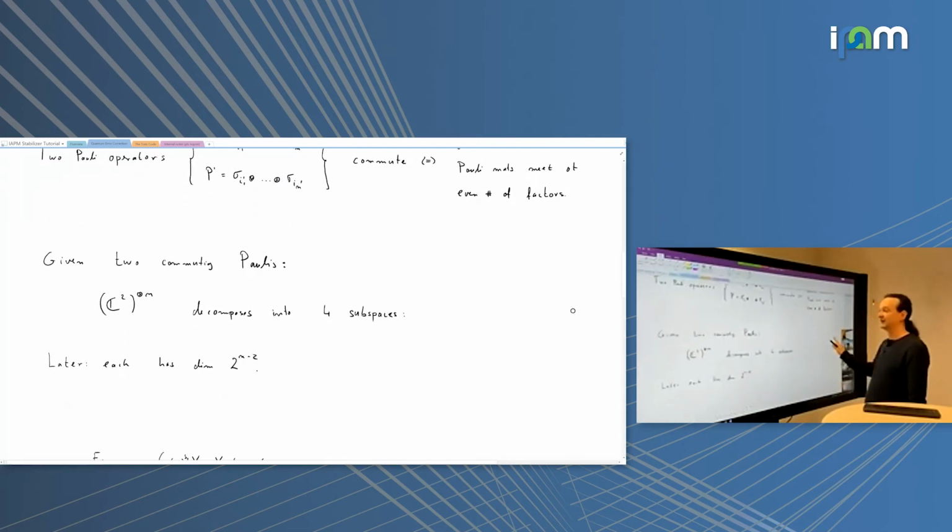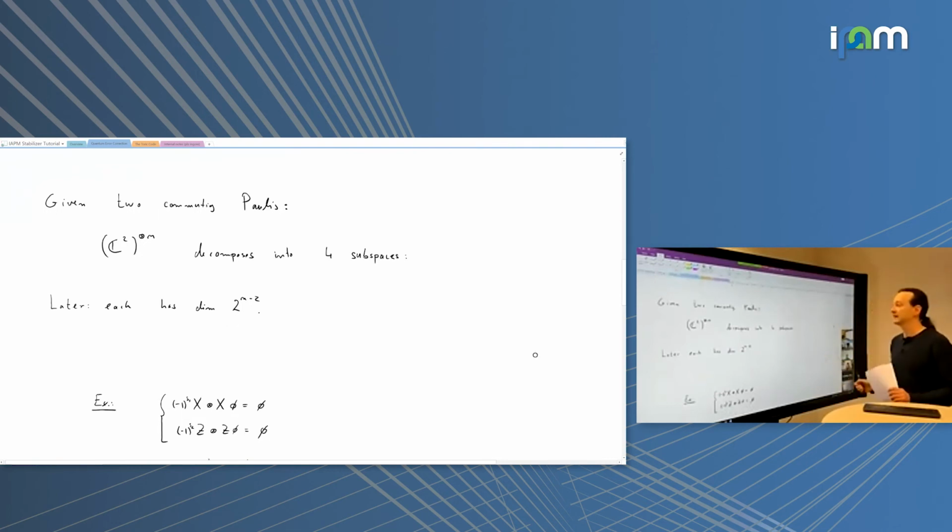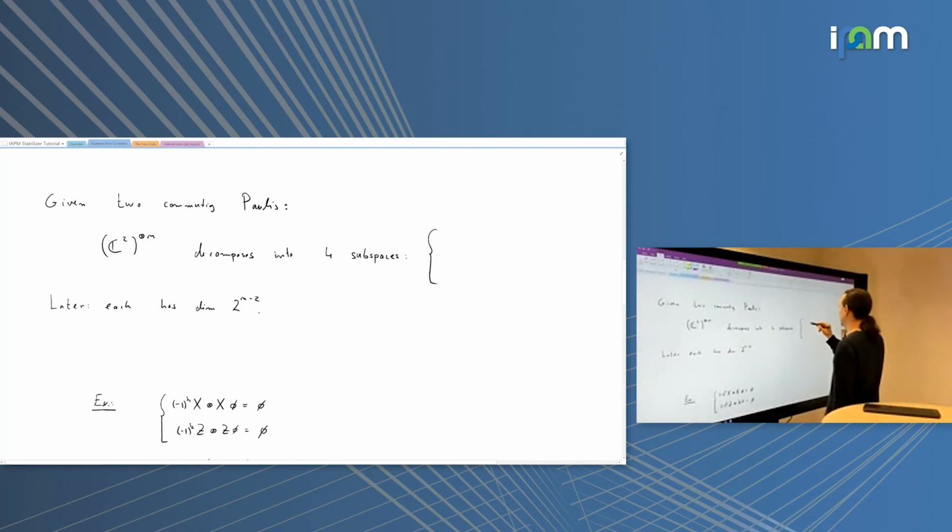Okay, so if I have two commuting Paulis, then the total vector space decomposes into up to 4 subspaces. If they commute, I can jointly diagonalize them, and for the joint eigenspaces I get eigenequations: P phi is plus or minus phi, and P prime phi is plus or minus phi.